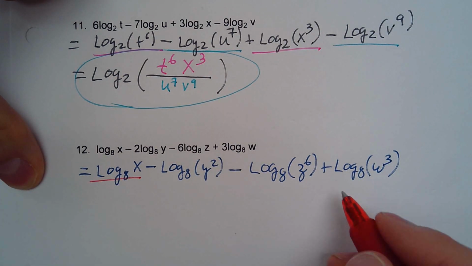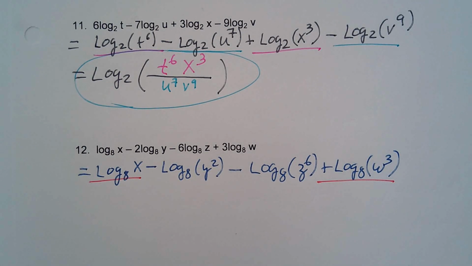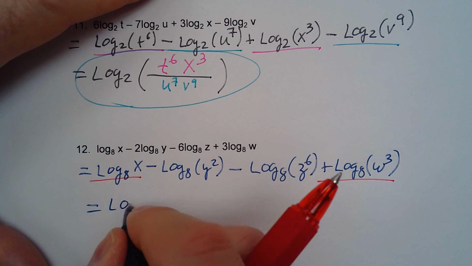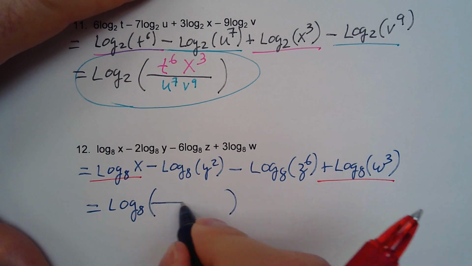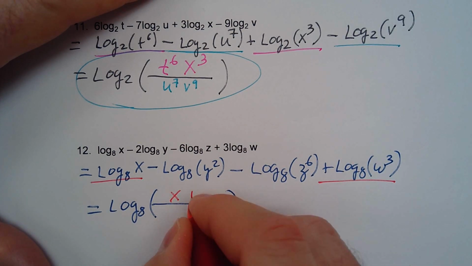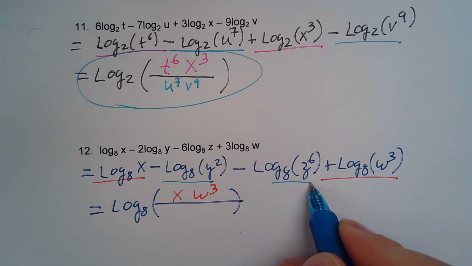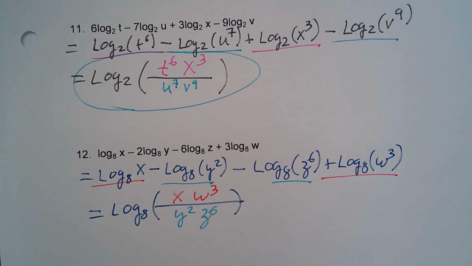This is positive and that's positive, so the x and w cubed are going to go in the numerator. And then these folks are negative. So the y squared and z to the 6 are going to go in the denominator.